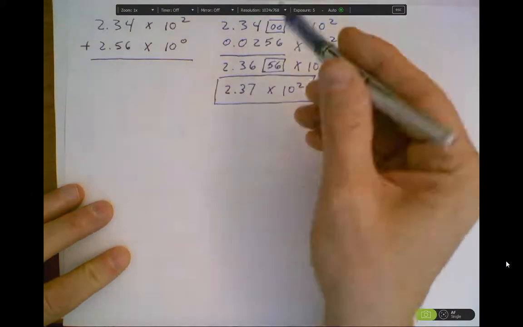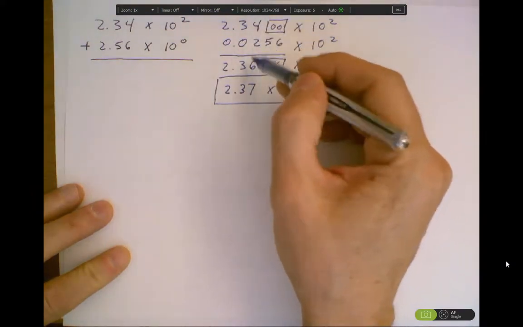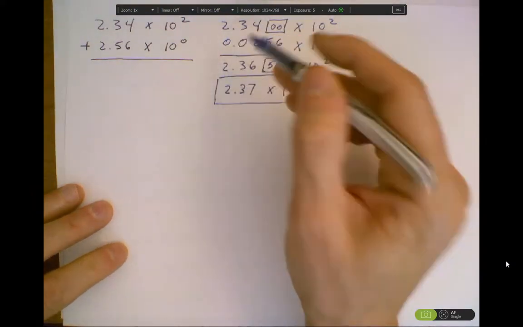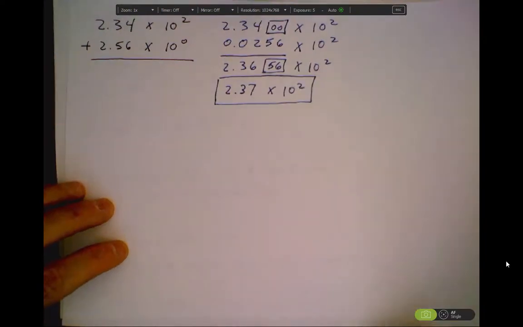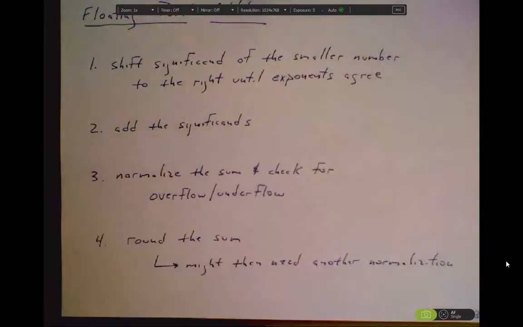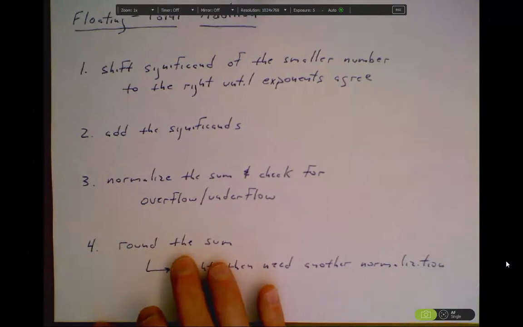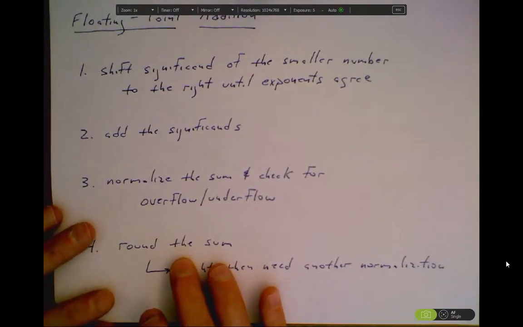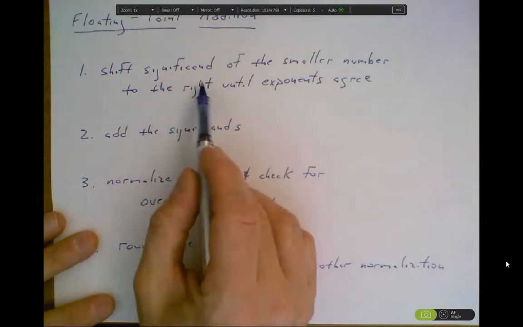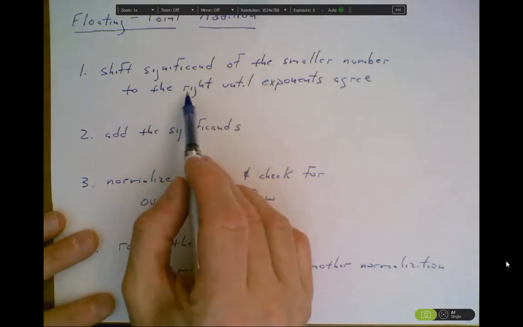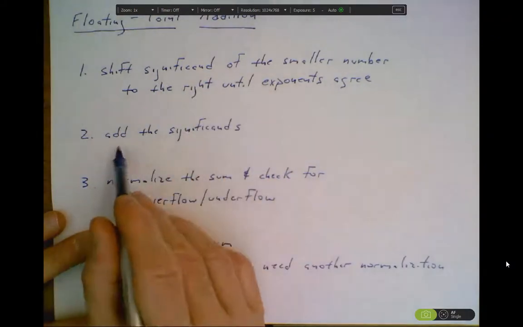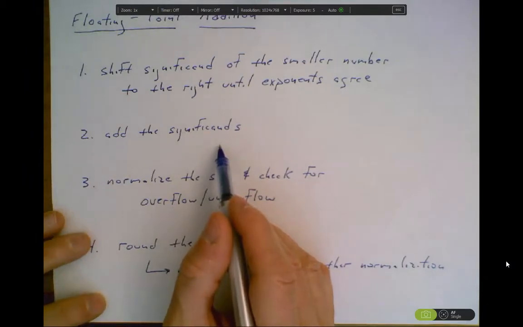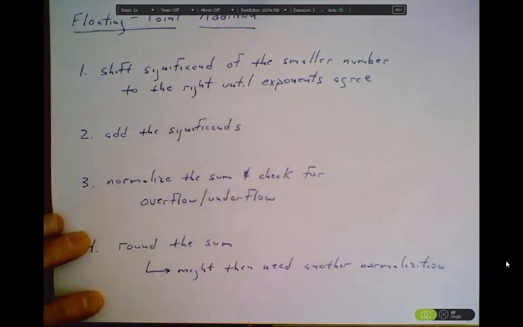I just did arithmetic, right? Integer arithmetic. 4 plus 2 is 6, 3 plus 0 is 3, 2 plus 0 is 2. There's nothing magical about the floating point. So if I was going to implement floating point addition using only integer operations, I would be decoding the numbers, shifting the significands around, and ultimately I would be doing an integer add of the significands.